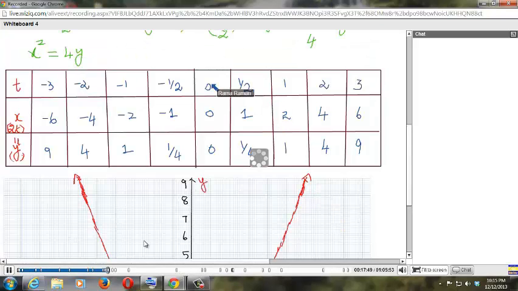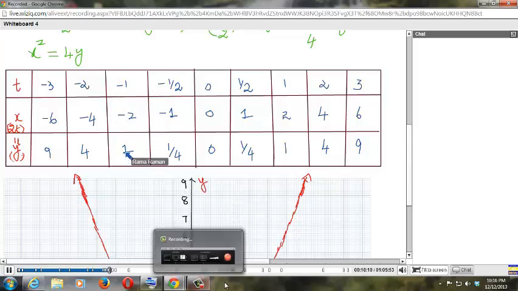See, when t takes the value 0, it corresponds to the vertex of the parabola. When t takes the value 1, that corresponds to one end of the latus rectum, and when t takes the value -1, the point -2, 1 corresponds to the other end of the latus rectum.